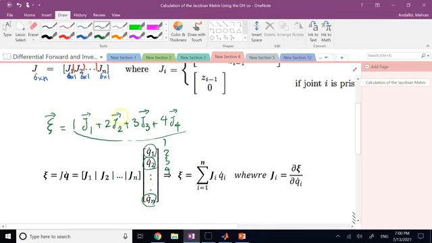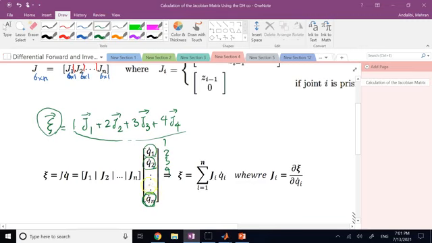And another meaning is this. Which column of the J plays a bigger role, a bigger contribution to zeta? The one that has a correspondingly bigger Qn dot, correct?